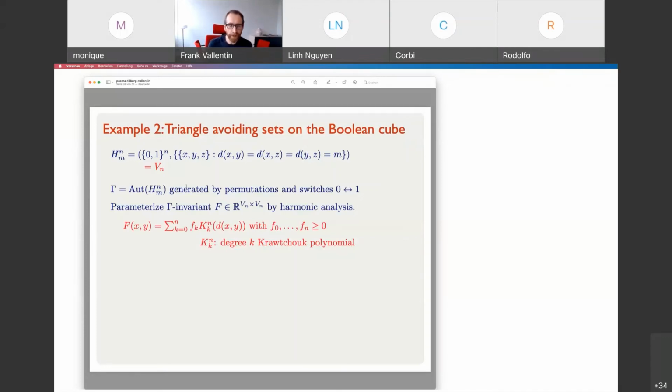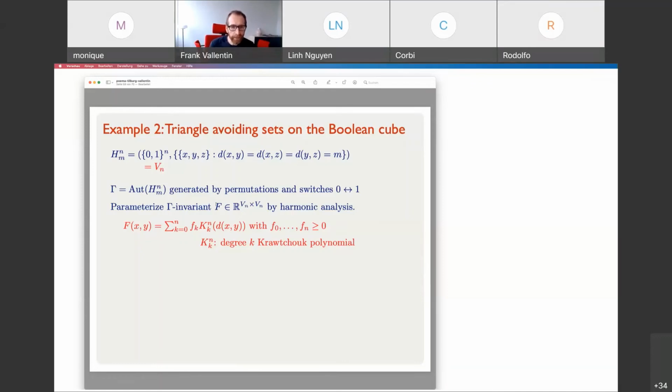For this, we have to understand a bit the automorphism group of this graph. And this is a well-known guy, I would say. So this gamma, the automorphism group of this hypergraph, is generated by permutations and by switches 0, 1. So it's a group of order 2 to the n times n factorial. And now we do symmetry reduction part 3. So we're going to parameterize all gamma-invariant f's using some harmonic analysis, by techniques Lucas was looking at this morning.